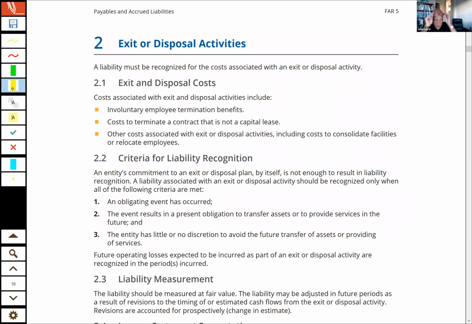So what happens here? Let's say I'm renting a building from you. Let's say I'm renting a big office space from you, and then I realize my business doesn't need that much space.